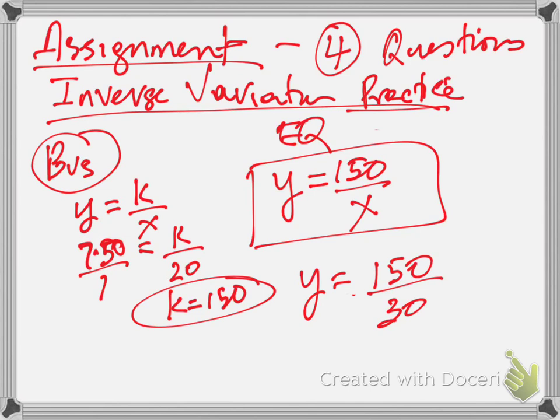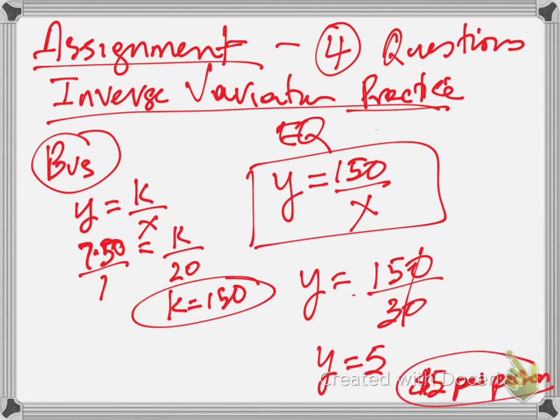I have 30 people going on the trip, so y equals 150 divided by 30, which is 5. So it's going to cost what? $5 per person. All right? So the more people going on the trip, the less it costs. So I did number 1 for you, okay, just to make sure you understand what's happening.